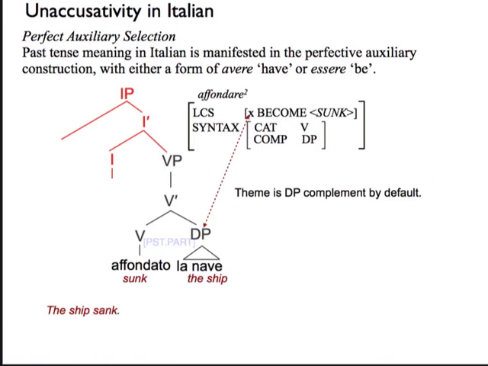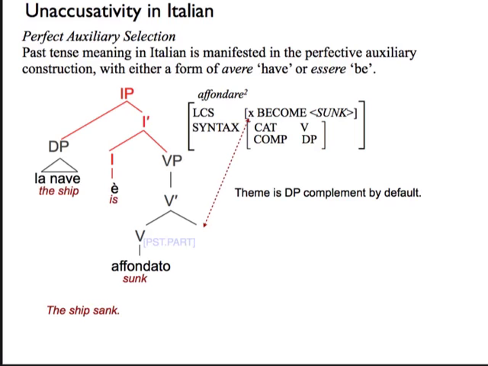And then here's a case where you get essere with an intransitive verb. And the analysis that we have is that, well, that's a theme. Theme is DP by complement DP by default. And then it moves up into the subject of the clause slot, and we get the ship sank.